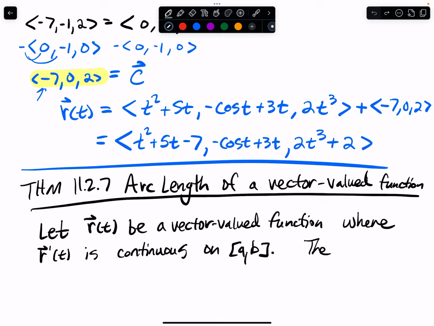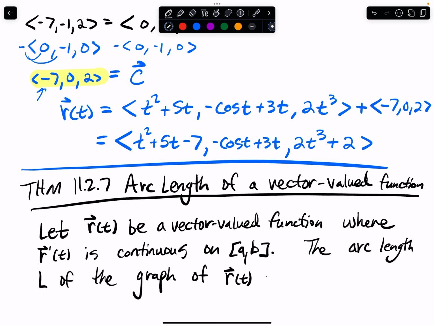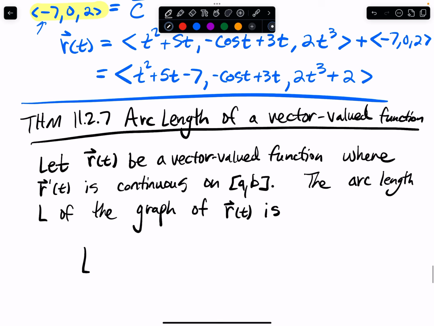The arc length L of the graph of R of t is the integral from a to b of the norm of the derivative of R of t dt. Okay, the derivative of the position function is the velocity.